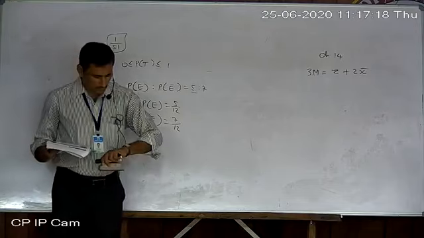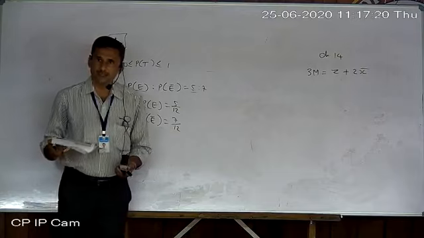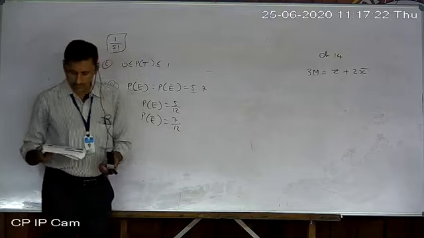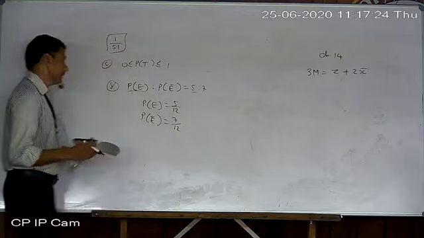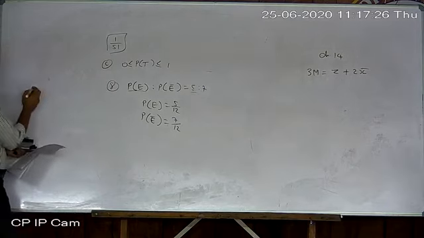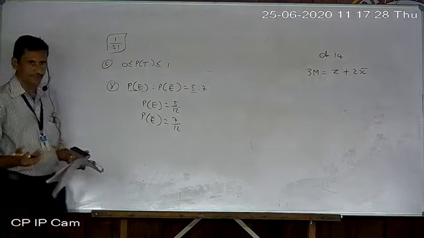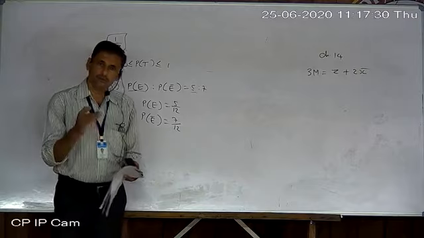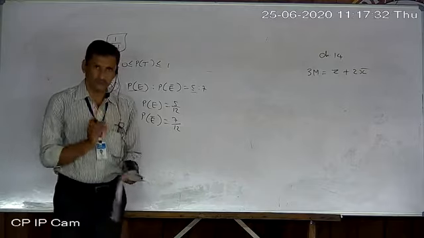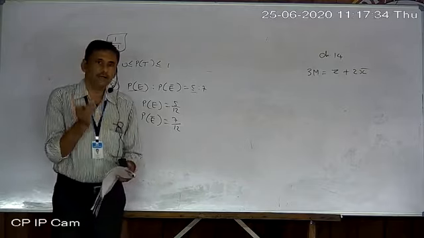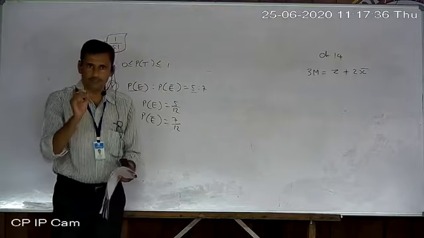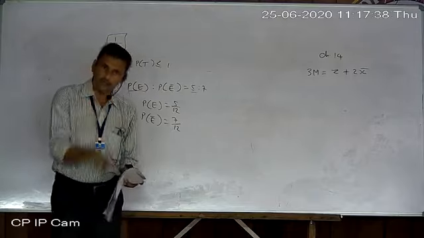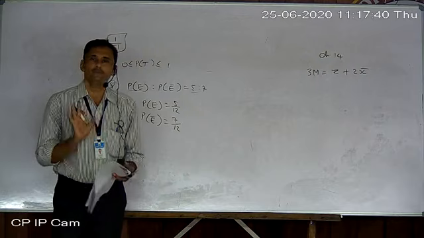Now, questions related to days. In a year or in a month, what is the probability of getting a particular day? In a month, they always ask about 5 times repetition, and in a year, they always ask about 53 times repetition of a particular day. Why? In any year, 52 complete weeks are there, and in any month, 4 complete weeks are there.